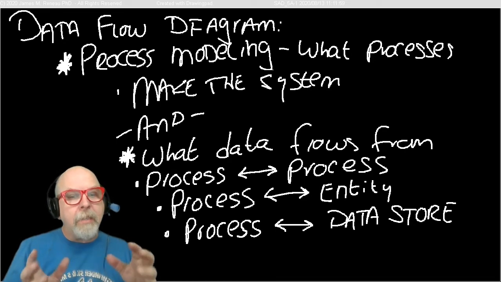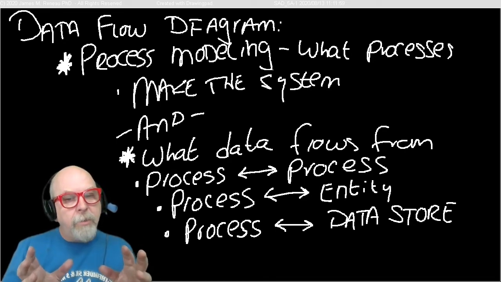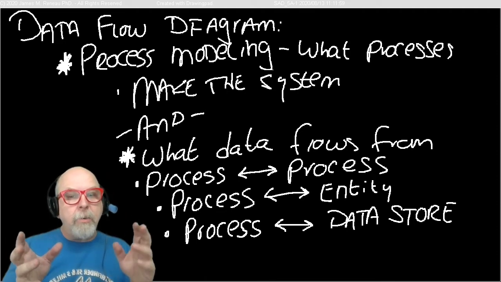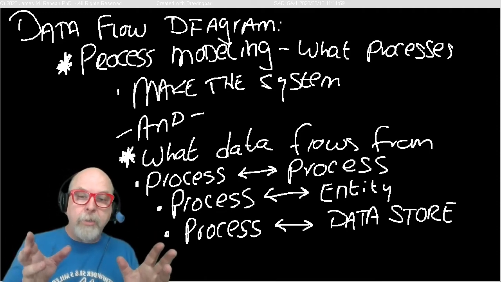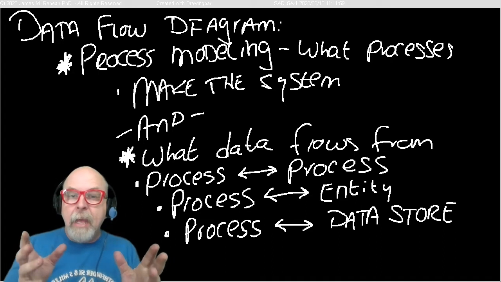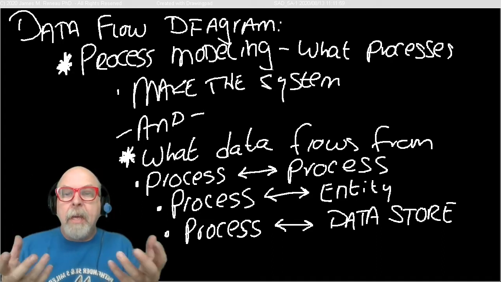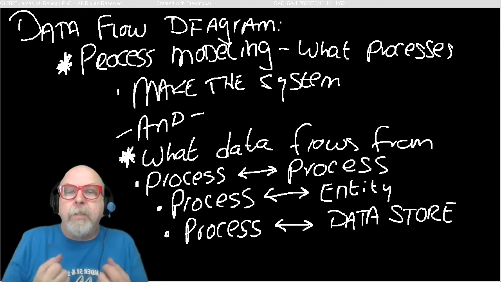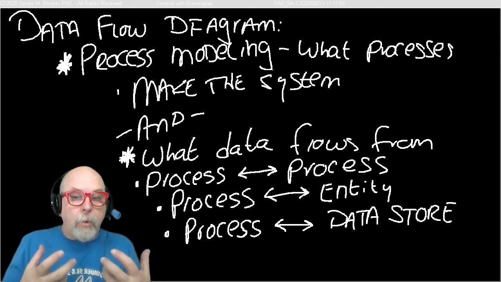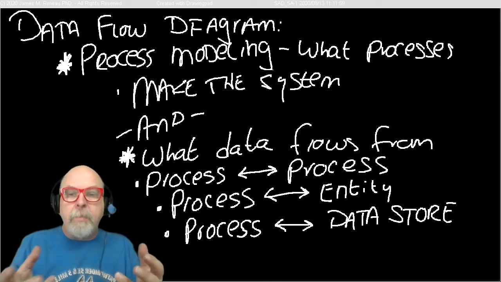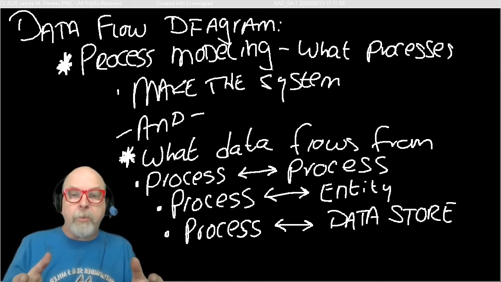And we're going to discuss that data flows either from a process to a process, from a process to a sink or source, and the book calls it an entity, and I'll sometimes call it all three. So a sink would be a process that uses the data. A source would be a process that generates the data, and an entity would be a general term for a sink or source.